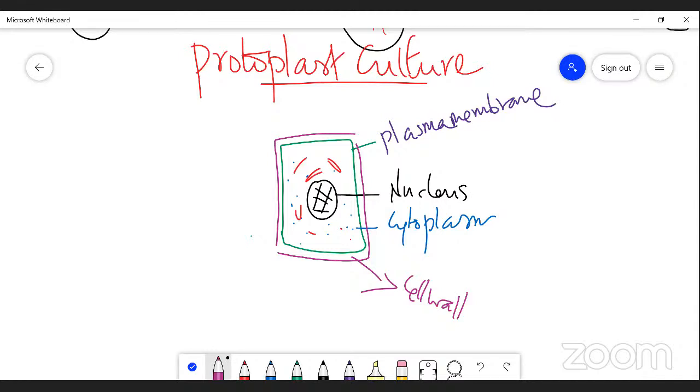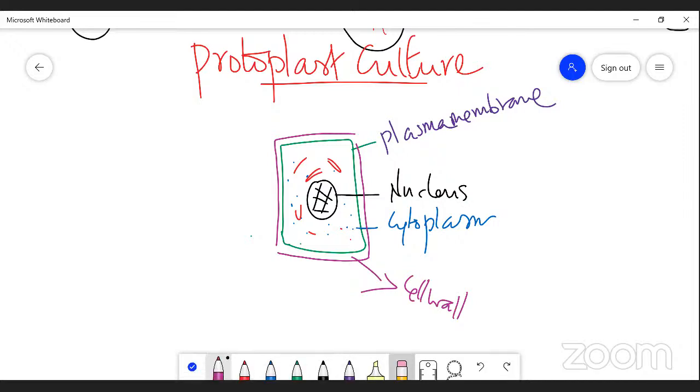So what is a protoplast? Protoplasts are cells without a cell wall, but bound by the plasma membrane. The green portion indicates the plasma membrane. So simply I can say it's a naked cell that contains cytoplasm and nucleus, right? That is the difference between a protoplast and this cell.